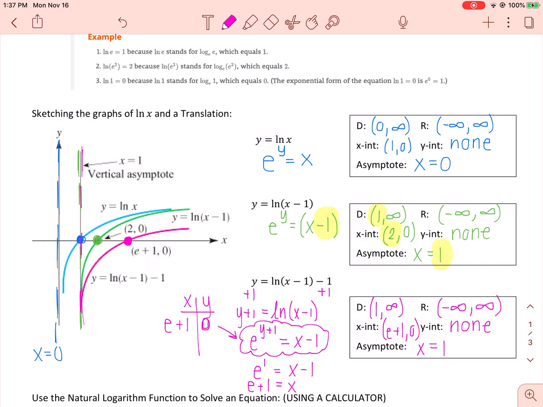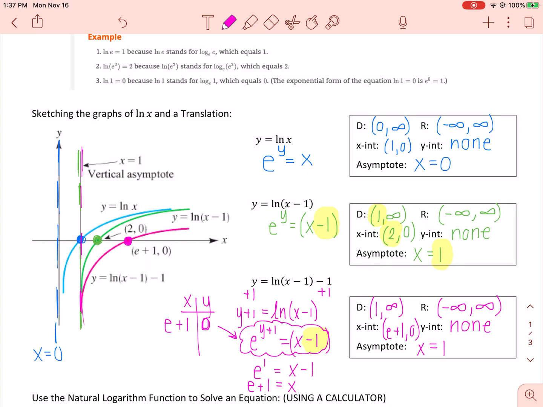Now, let's compare this to the ones we have above. This minus 1 here does everything that the minus 1 in the green function did. It's going to shift everything to the right 1. But then notice that e raised to the y plus 1 is affecting the stretch of it.